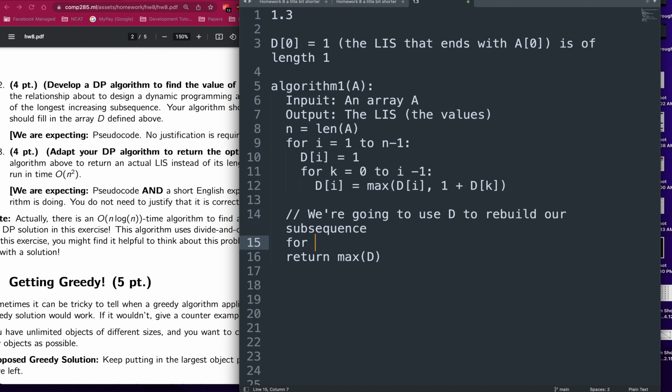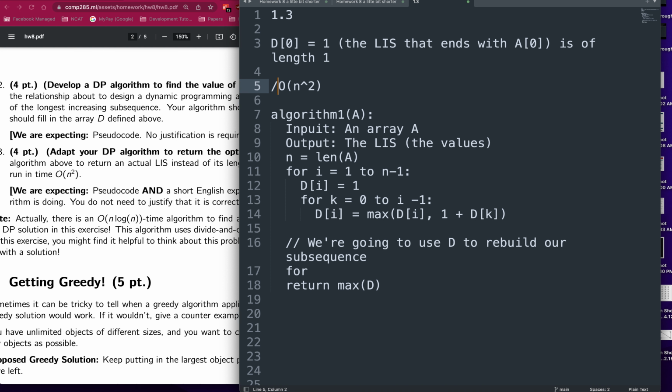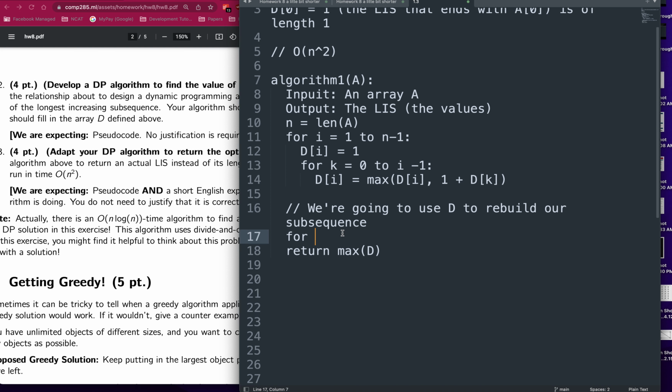And what I mean by that is you can do a for loop where you iterate. The algorithm is already O of n squared, so we're going to do two nested for loops, where we find the maximum, and then we find the maximum only up to the point we found the maximum. So we keep finding the maximum value, but only up to the point where we found the maximum. That's one way to do it.